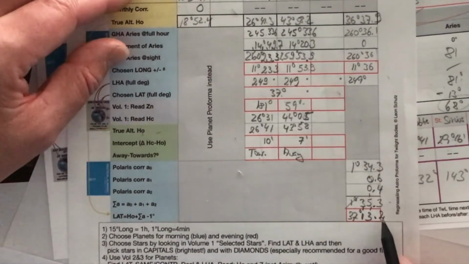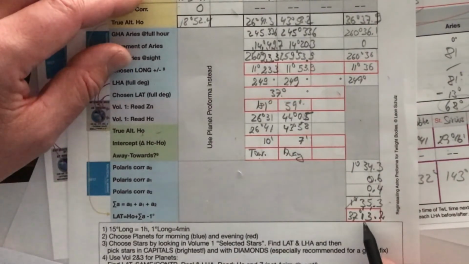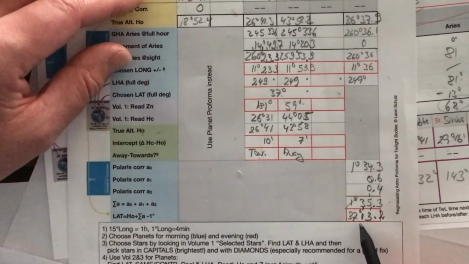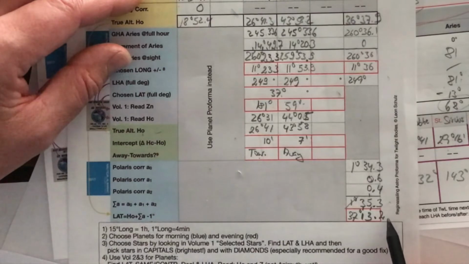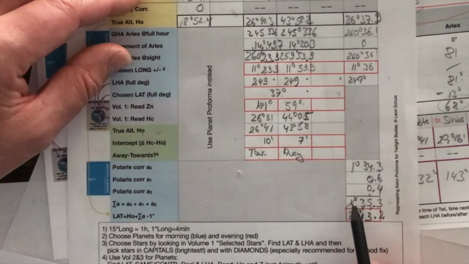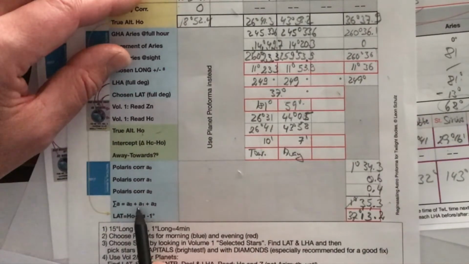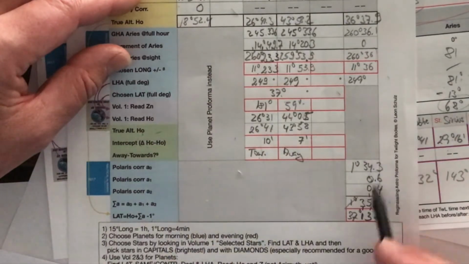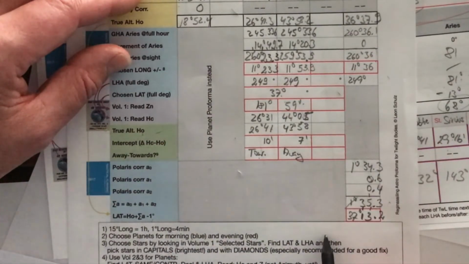So that's one line that we can draw, one position line, which is very easy, because that's our latitude. I hope you got this thing that I deducted this 1 degree. I have to add A0, A1 and A2 and then deduct 1 degree. So I've added it all together and then I deduct that 1 degree. So that's how that comes.